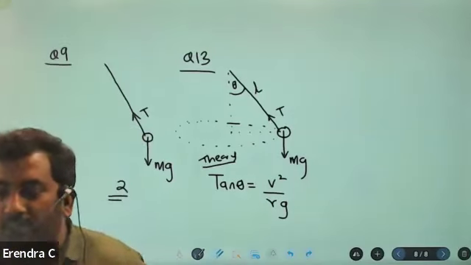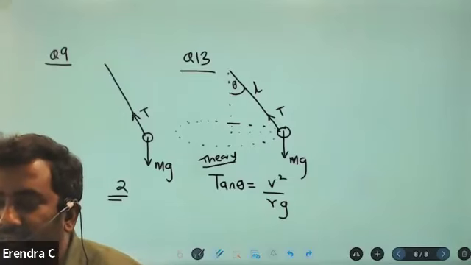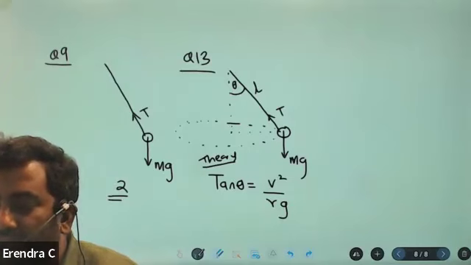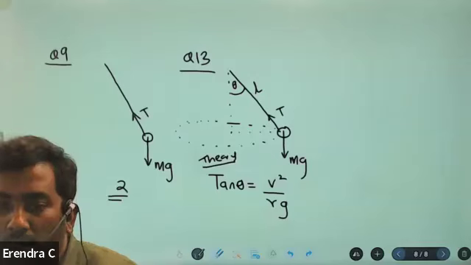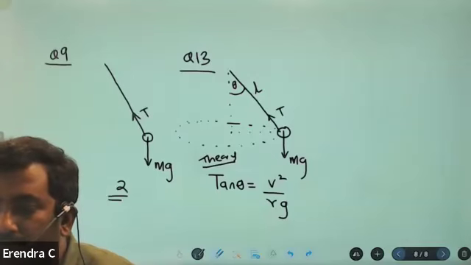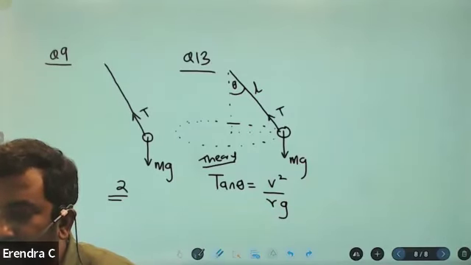Conical pendulum, tan theta equals V squared over Rg. Right? You got? Conical pendulum, second or third example. Got?